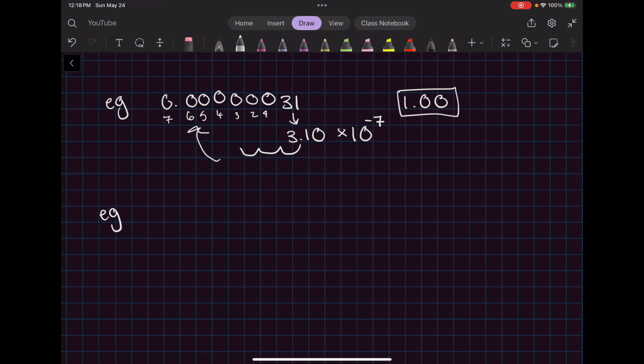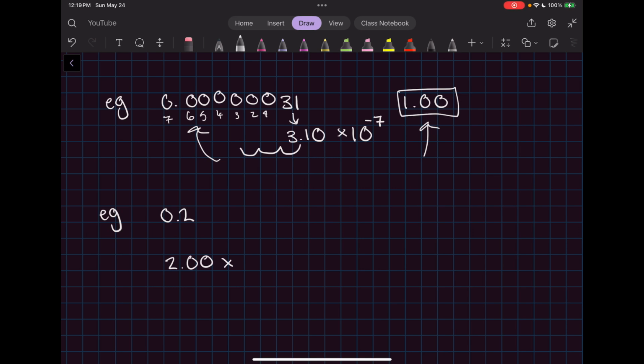All right, let's do that again, but this time with 0.2. How can we represent this in scientific notation? Well, we want it to be in this form. So I'm going to say 2.00 times 10, and we have a decimal, so it's a small number.